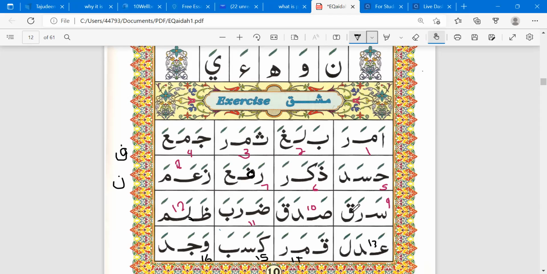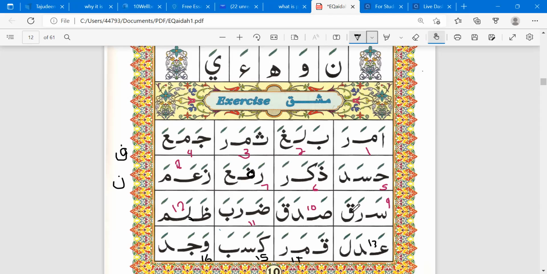La. Number 14. Ka. Ma. Ra. Again. Ka. Ma. Ra. Raw. Yeah, komaro. 15. Kasaba. And the last one. Wajada.